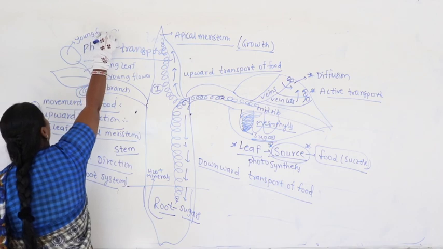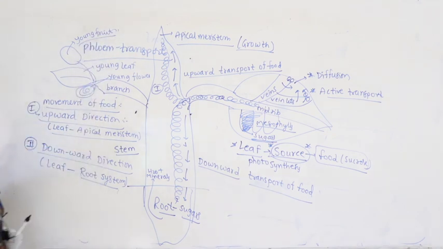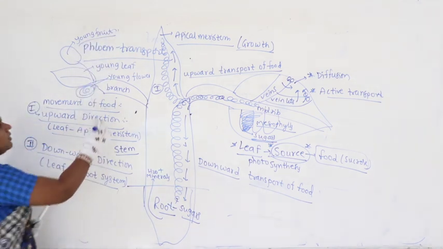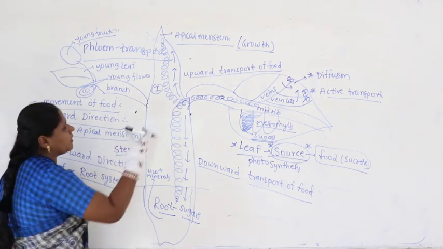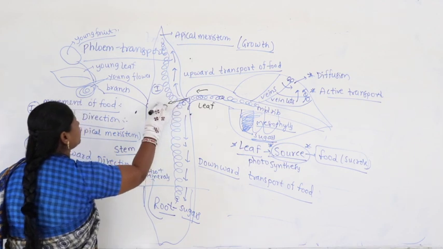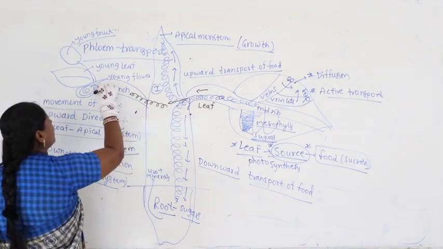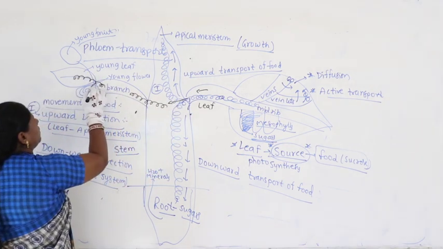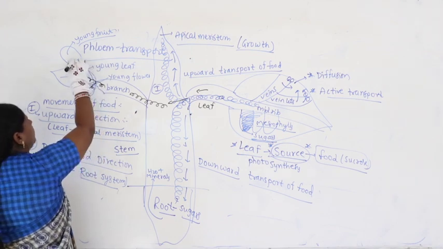So when there is a formation of the growing parts of the plant, for example the branch, where is the food getting transported? From the leaf, the food is also getting transported to the branch or to the young leaf or to the young flower or to the young fruit.